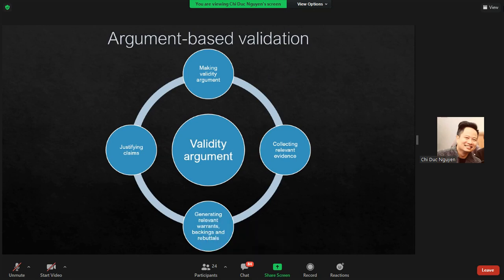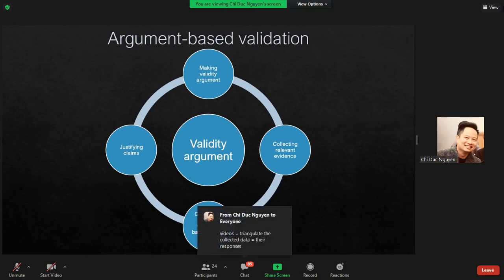So we can use the videos as a way to triangulate the collected data, and in this case, it is their responses. Okay, so that is a warrant. And when both the evidence and the warrant are double checked, and if they say yes, then we can justify the claim.